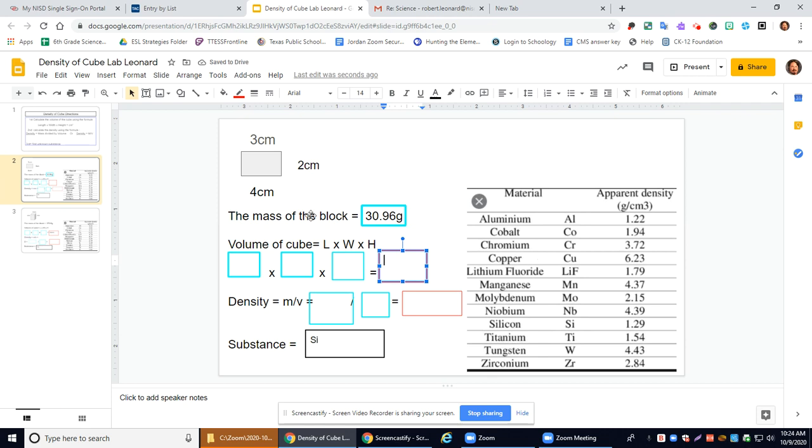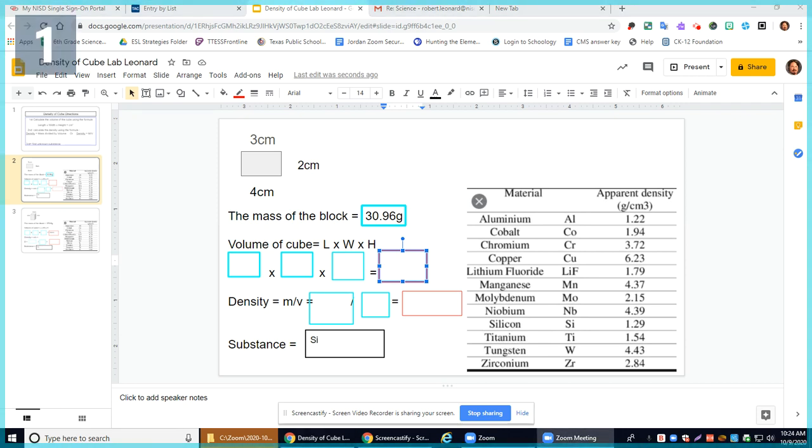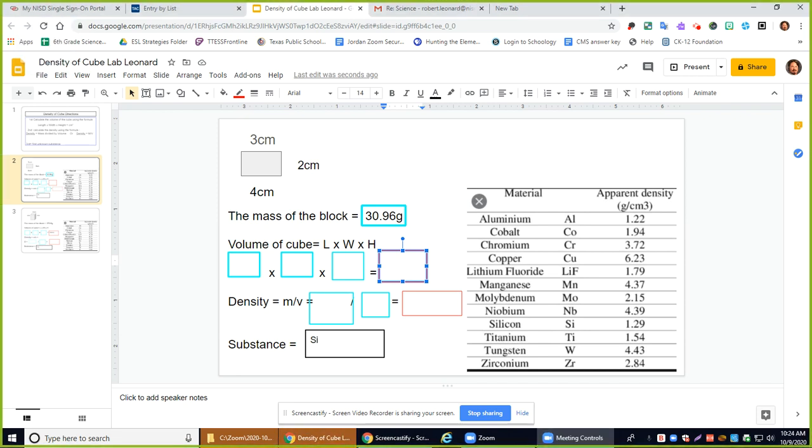Okay, so, share my screen with you. All right, you're already looking at that, right?